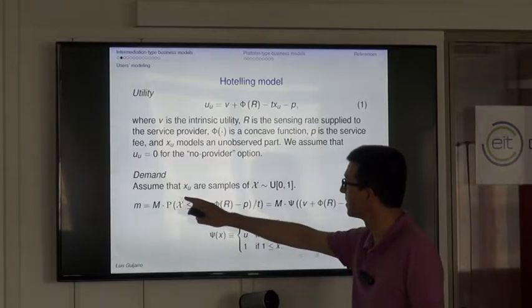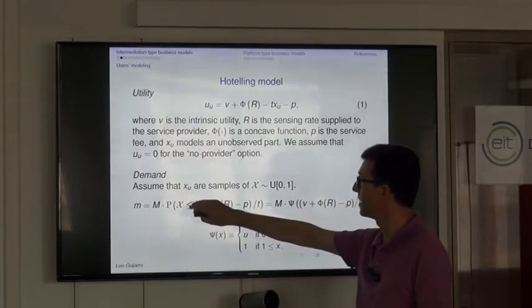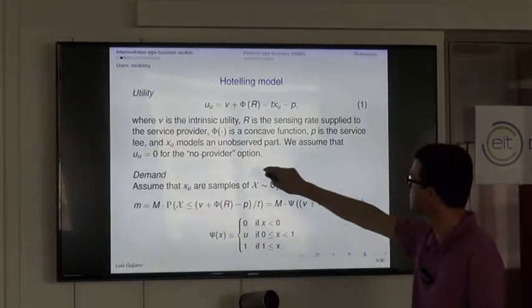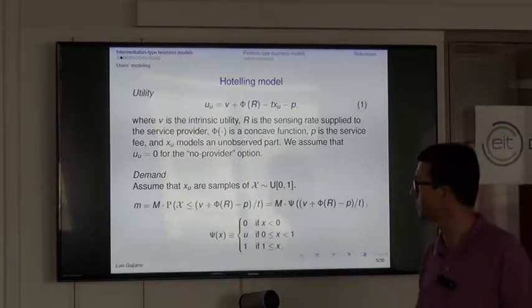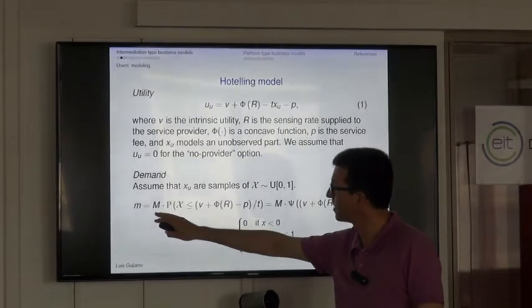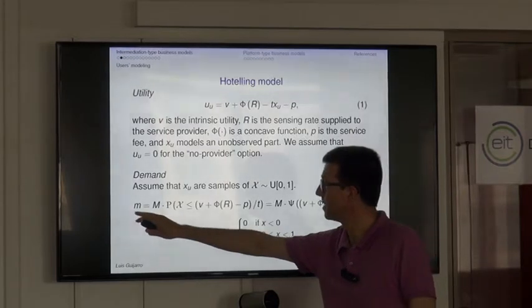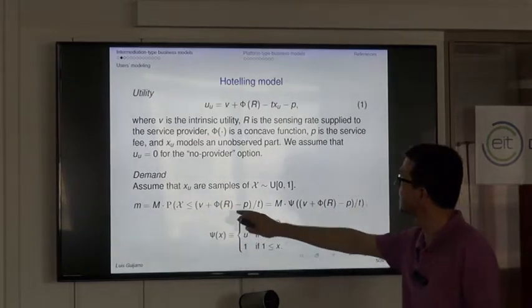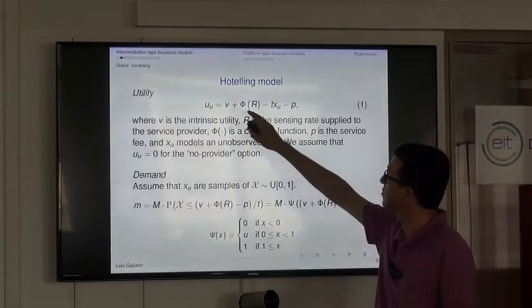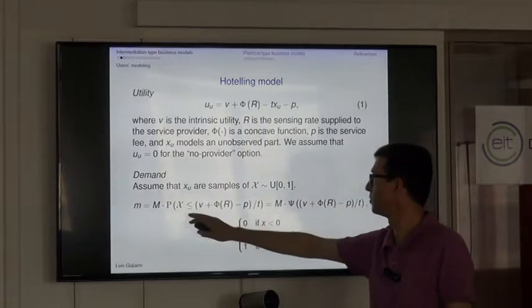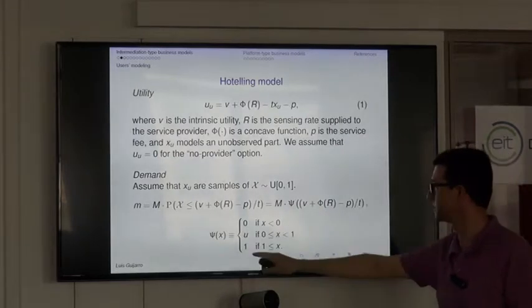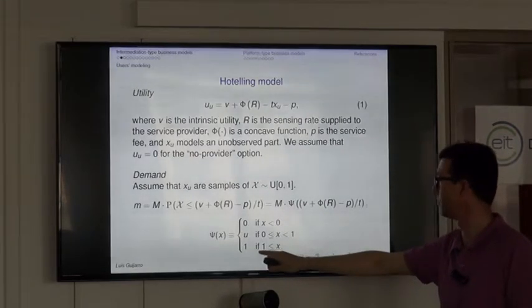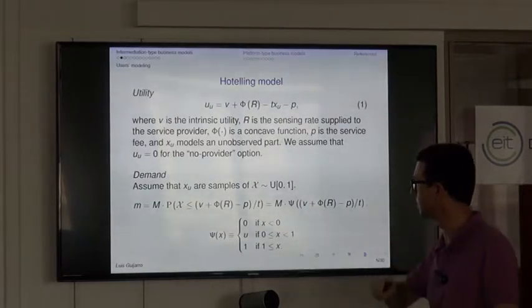For this we may model this XU as a sample of a uniformly distributed random variable, so that given a total number of users, capital M, the number of subscribers, M, can be computed as capital M times the probability that the utility is greater than or equal to 0, which translates into this, and we can express it using this C function, which in the end is the cumulative distribution function of a uniformly distributed variable between 0 and 1.